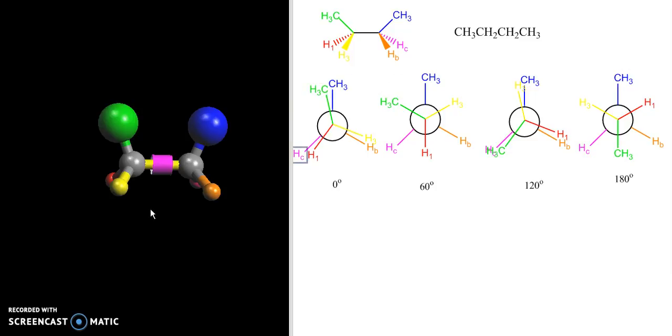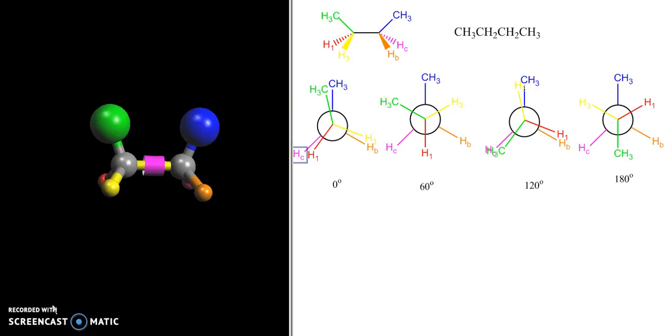We can see that better on our three-dimensional model, which I have here. What I've done is instead of putting in an actual CH3 in the green and a CH3 in the blue, just to keep things simpler and easier to visualize, I've made a larger sphere that is green and a larger sphere that's blue to represent my larger CH3 groups.